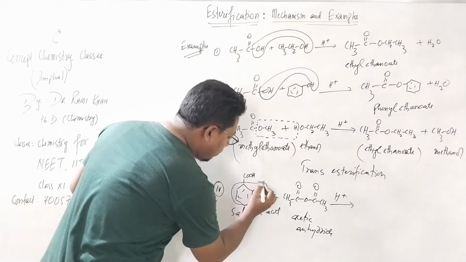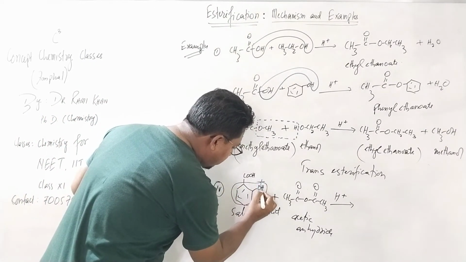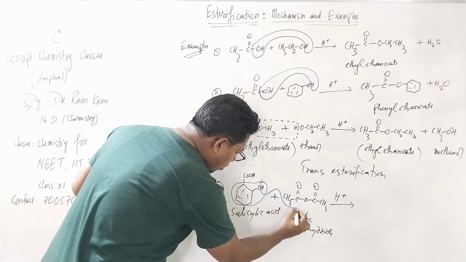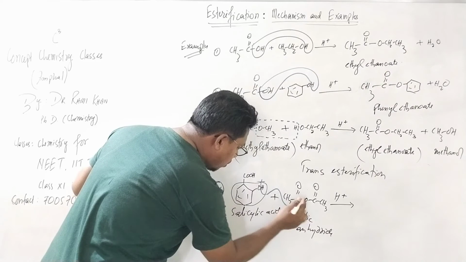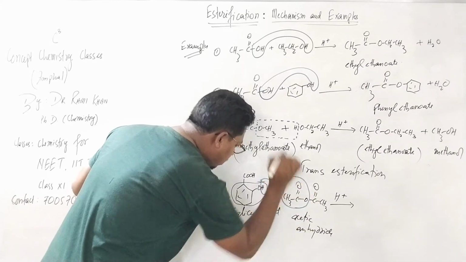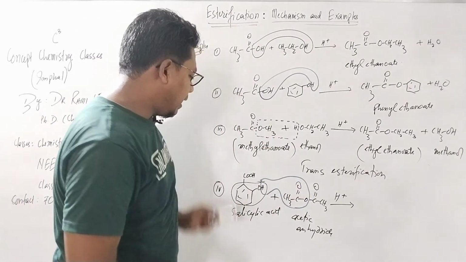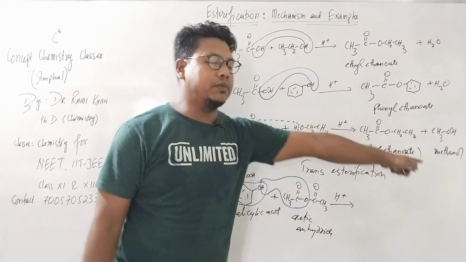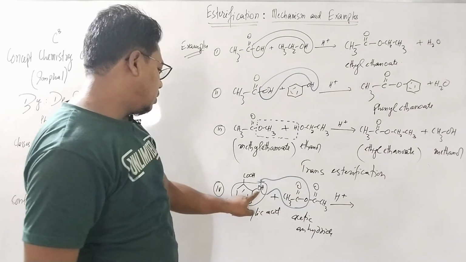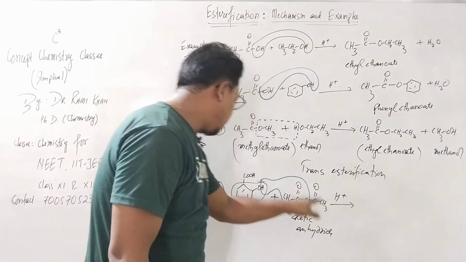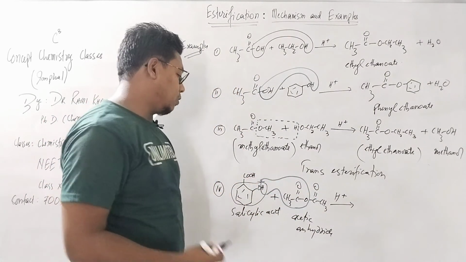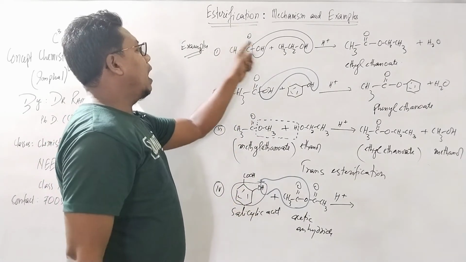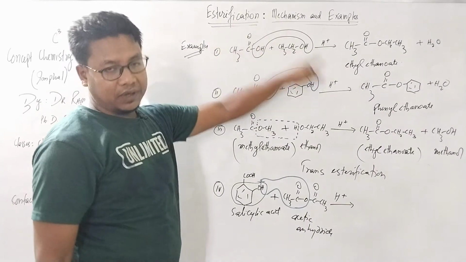So the product will be hydrogen from this part and, okay, this whole portion will be removed, and CH3COOH acetic acid will be formed as a byproduct, and to this oxygen this acyl group will be attached. This is acylation actually, acylation of alcohol or phenol. Acylation of alcohol or phenol is called esterification actually.